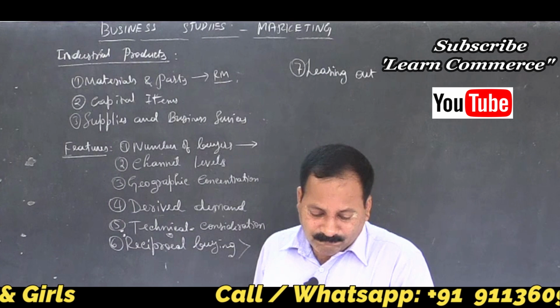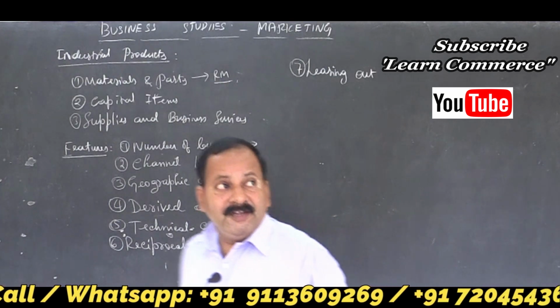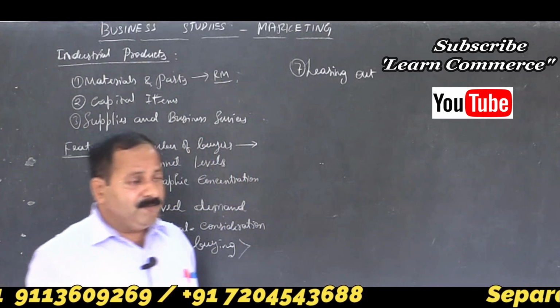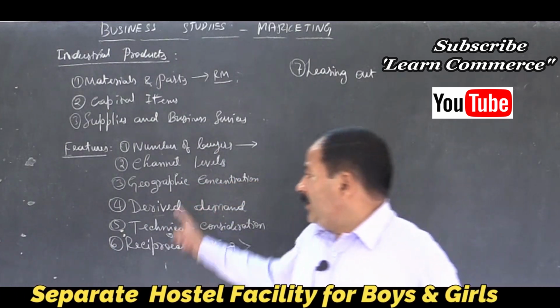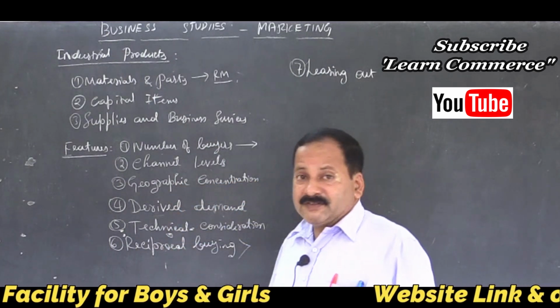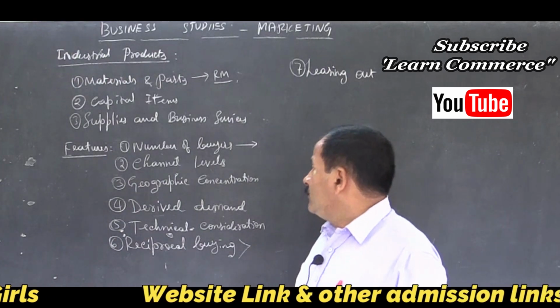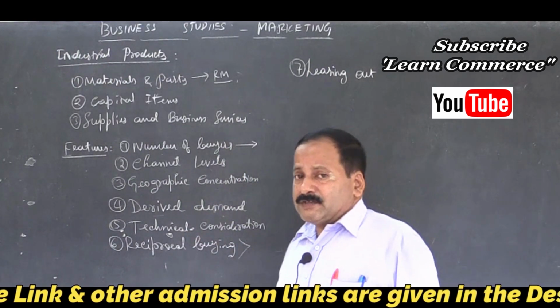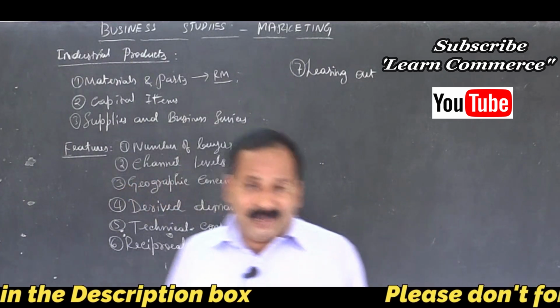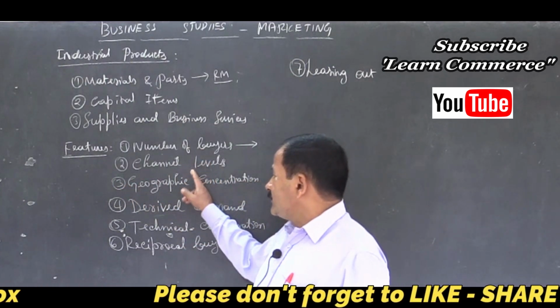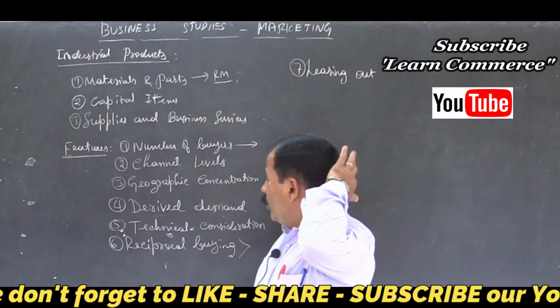The main difference between industrial products and consumer products is that industrial products have derived demand and consumer products have direct demand. Then the number of buyers in case of industrial products is less, and in case of consumer products the number of buyers will be more.